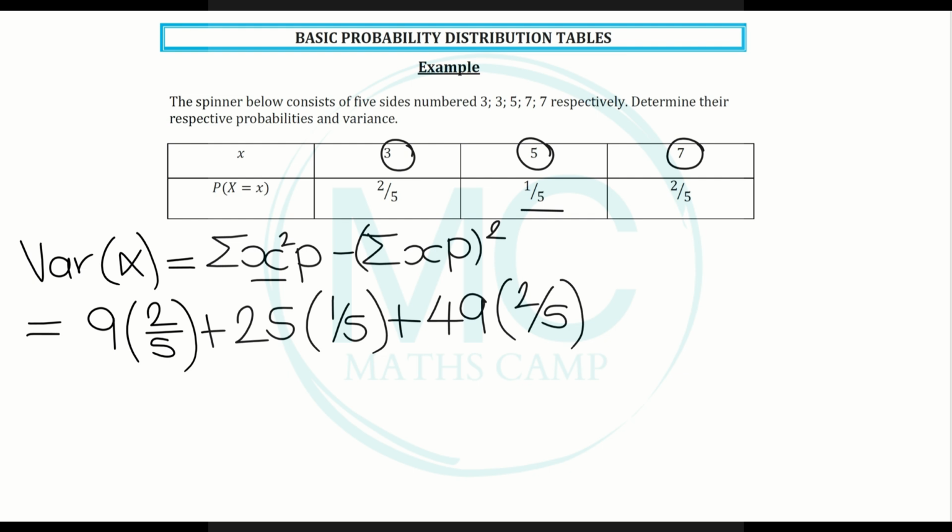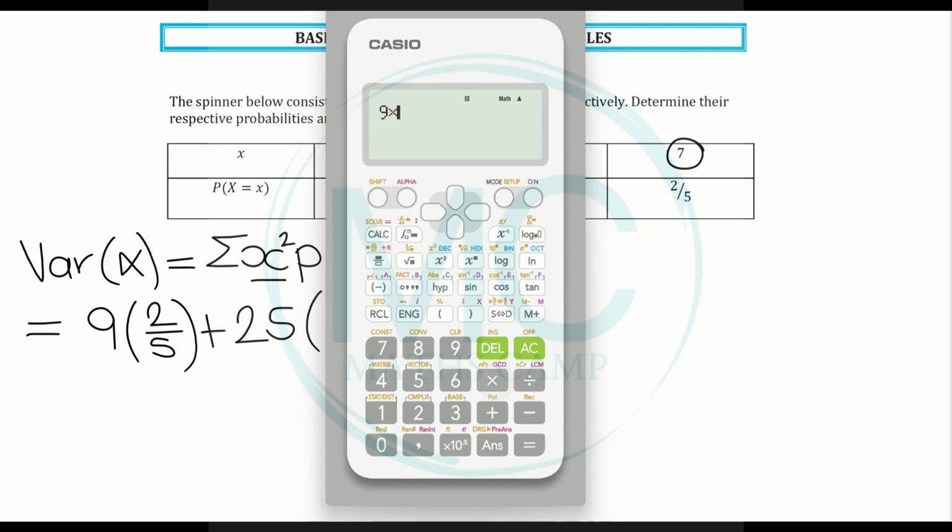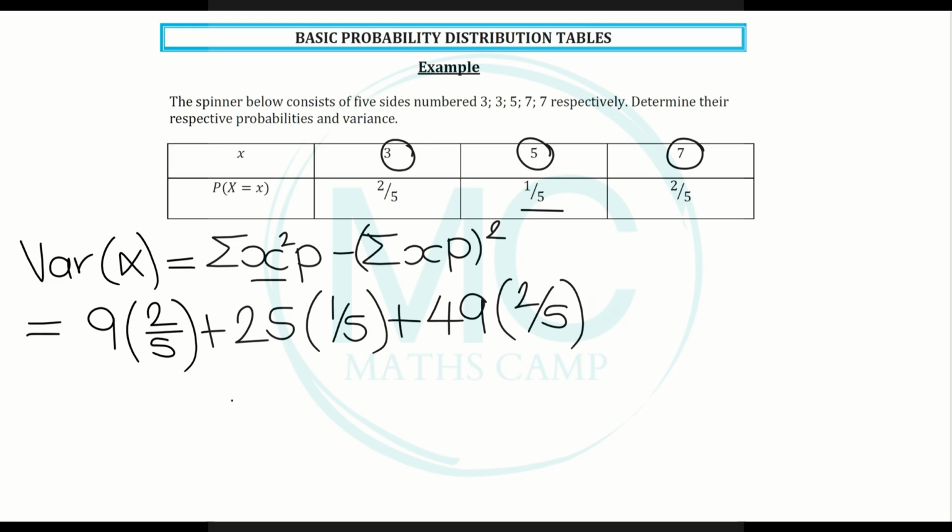And you can put this straight into your calculator. So we can say 9 multiplied by 2 over 5 plus 25 multiplied by 1 over 5 plus 49 multiplied by 2 over 5 is equal to 141 over 5. So our answer is 141 over 5.